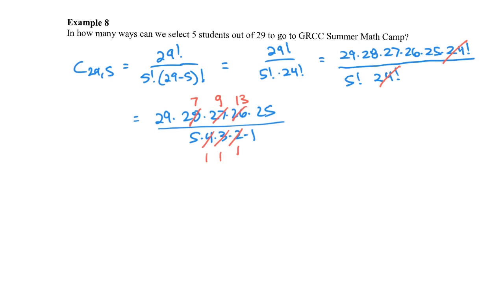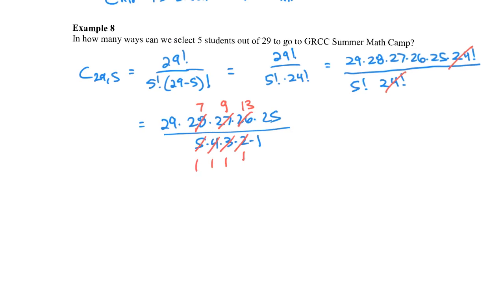And we've got the 5 in the 25, so that goes in there once and 5. Then you just multiply all these on the top: 29 times 7 times 9 times 13 times 5, and you get 118,755.